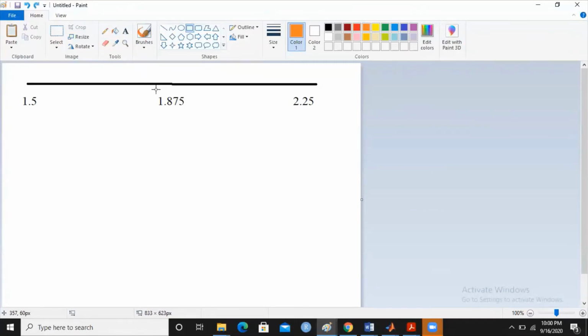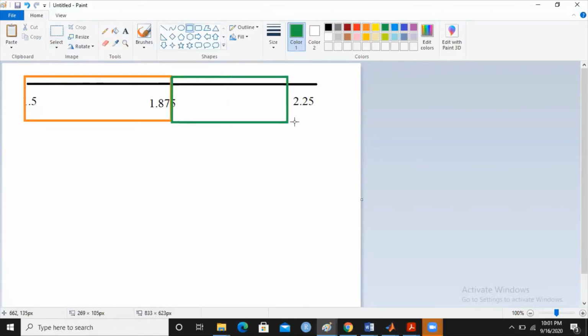So let me just put it in the middle. That looks equal, and then this part. I'm going to apply the intermediate value theorem.